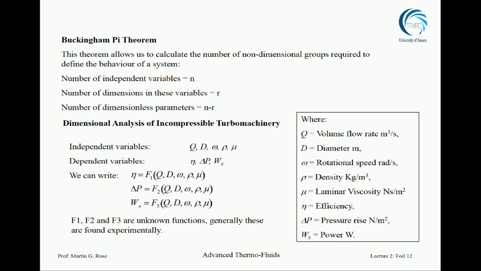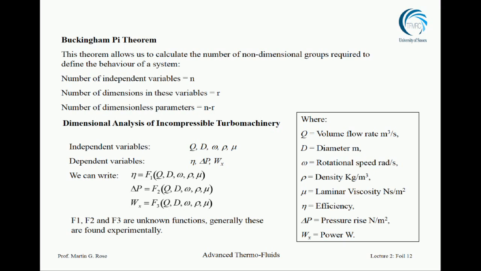This is Buckingham Pi rule. I don't think it really makes any difference to know that, unless it comes up in an exam question. And then you might benefit from remembering Mr. Buckingham and his pi. But I don't take that awfully seriously, Buckingham Pi. It's a very simple idea.